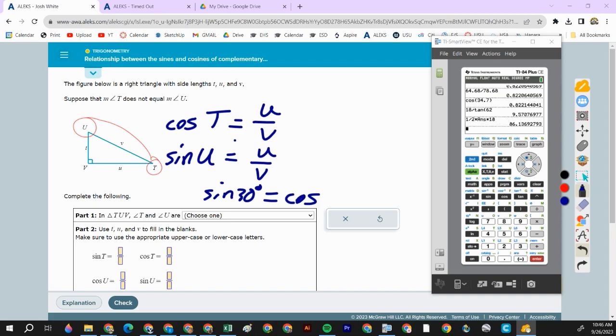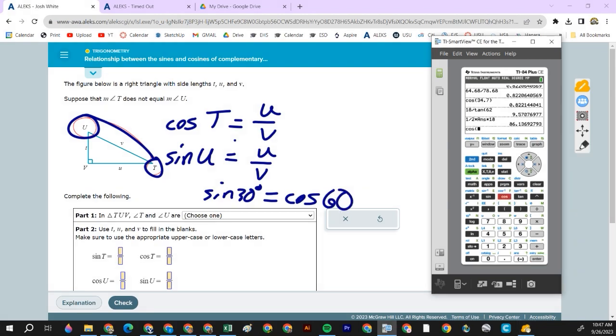Because this angle and this angle always add to be 90. So let's check that in our calculator. If I said the cosine of 30 and the sine of 60, oh, I did it backwards, but whatever.